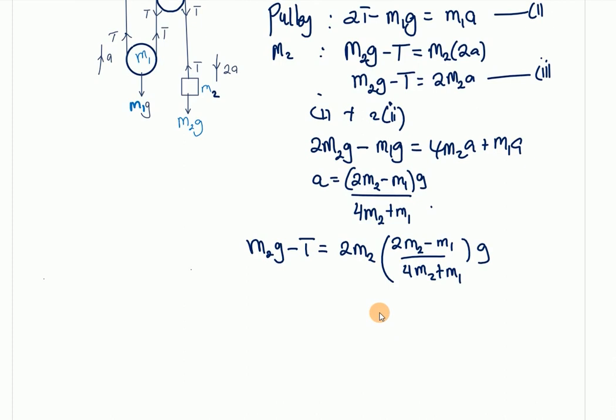What we can do here is take this one to the left and take this T to the right.